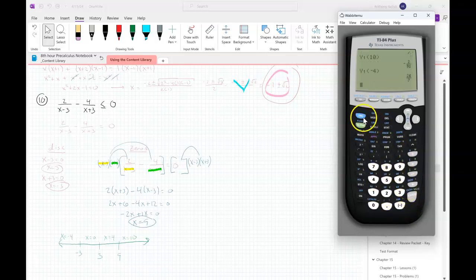So I get a positive value there. And then I'll plug in 0. I get a negative value there. And then I'll plug in 4. I get a positive value there. And then I'll plug in 10. I get a negative value there.